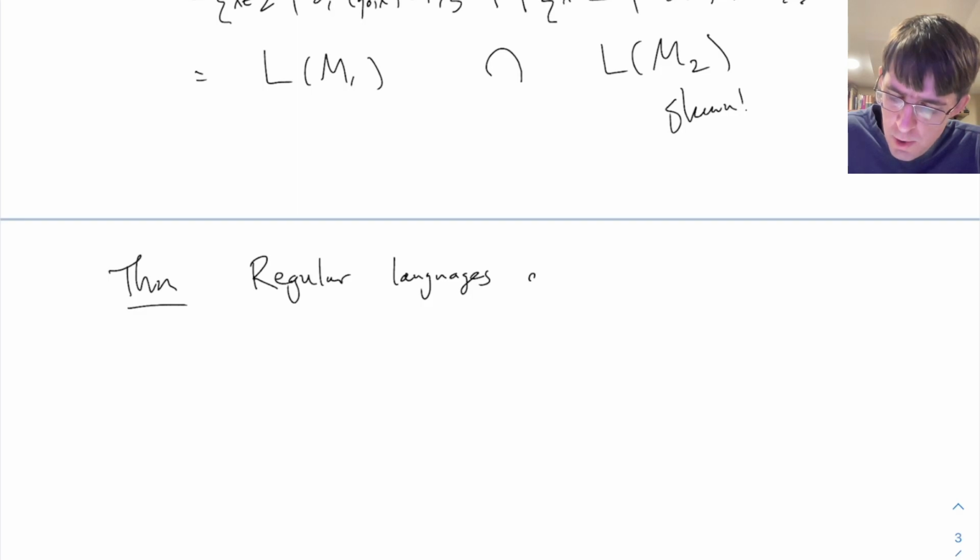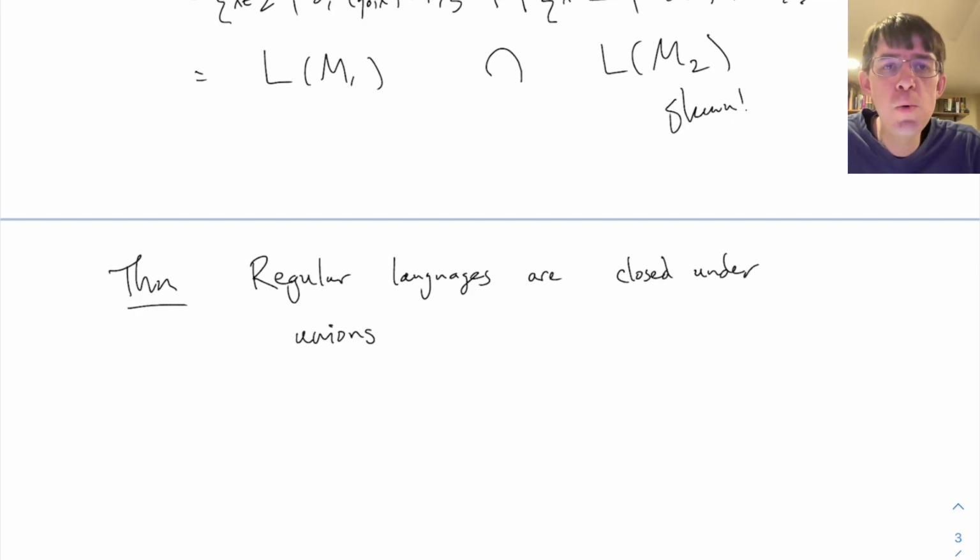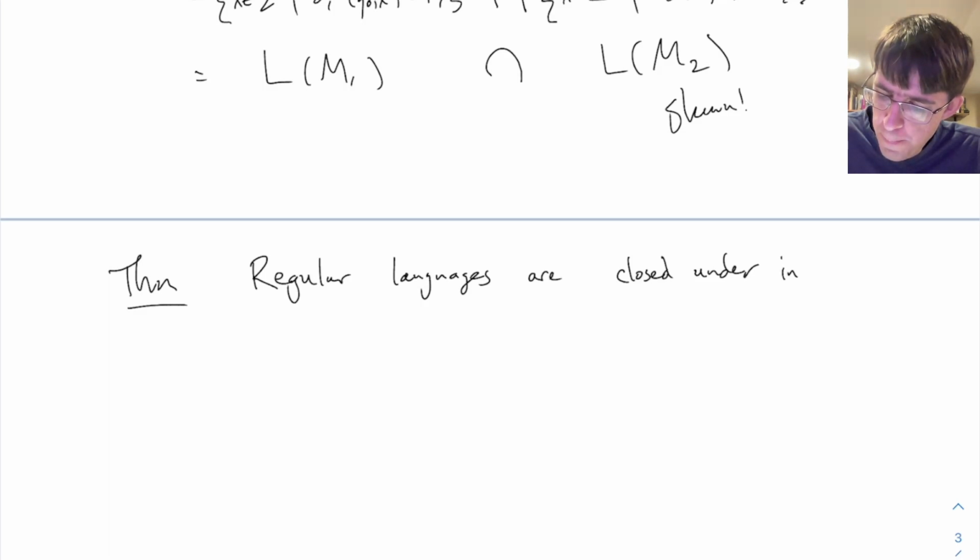Regular languages are closed under intersections. Remember, closed under in this context means if I have two of those things, I'm also going to talk about unions, but this is just summarizing what we've already done.